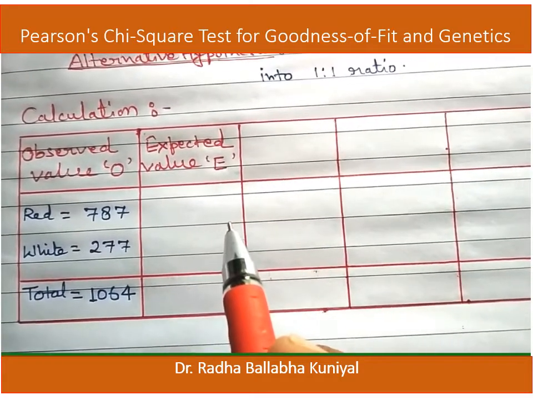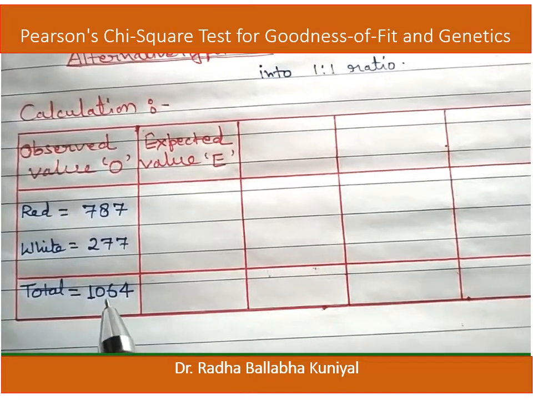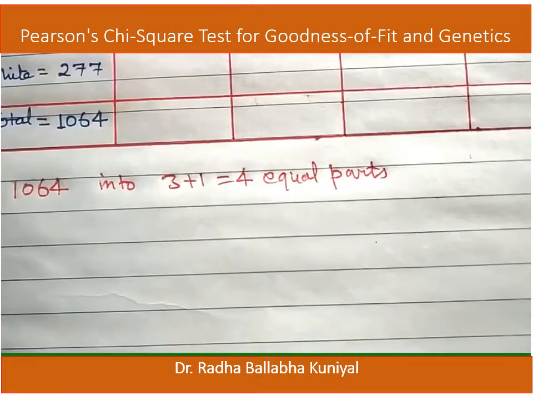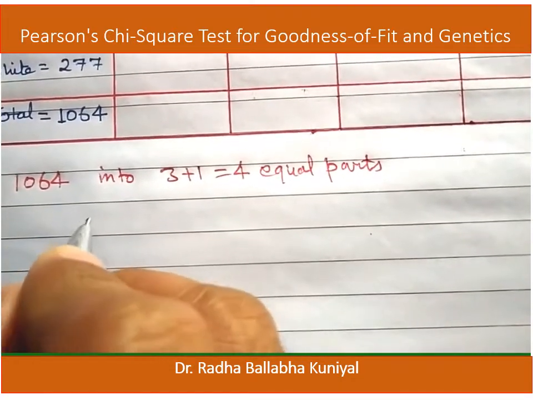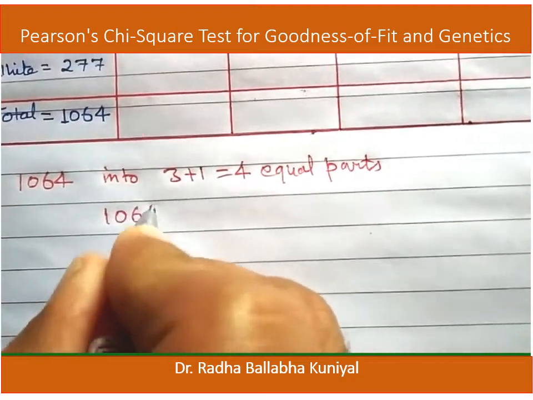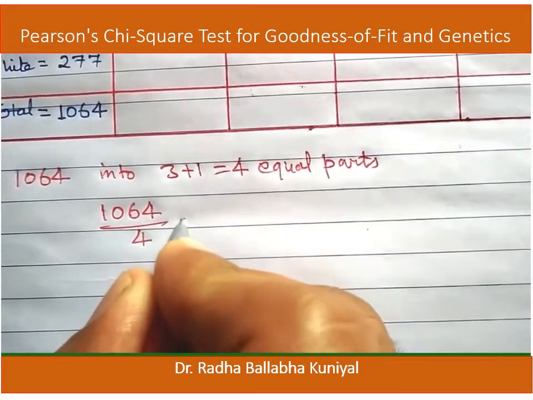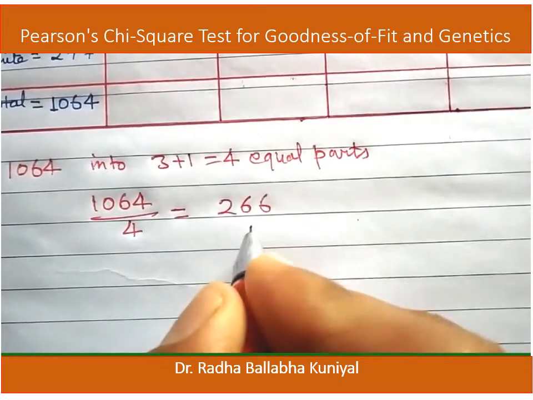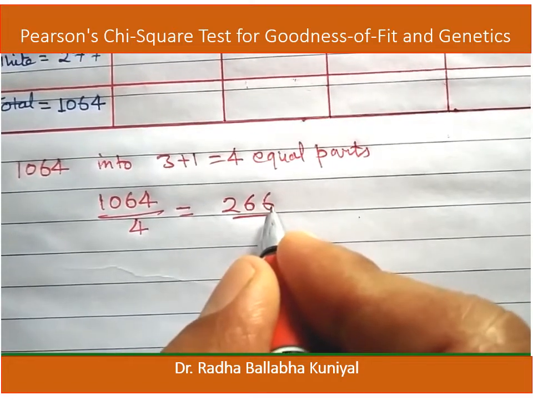So we have to divide 1064 into 3 plus 1, equal to 4 equal parts. Thus we will divide 1064 by 4, and by solving this we will get 266. So each part value is 266.